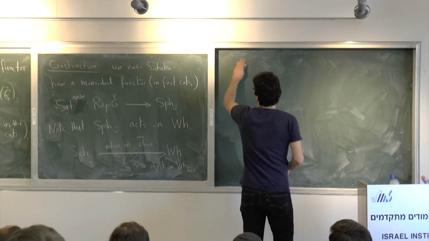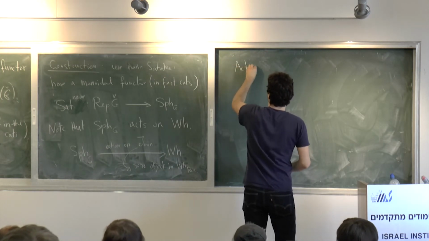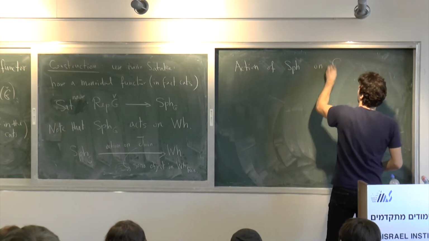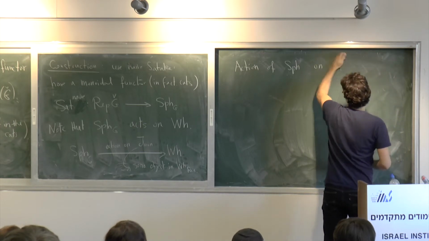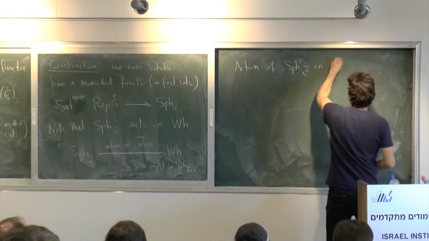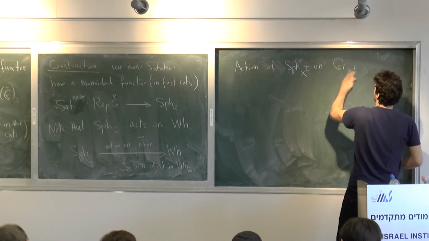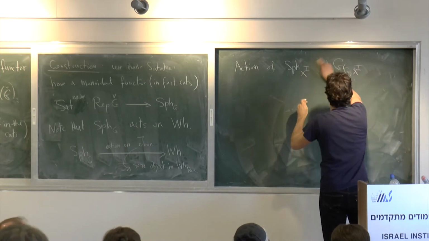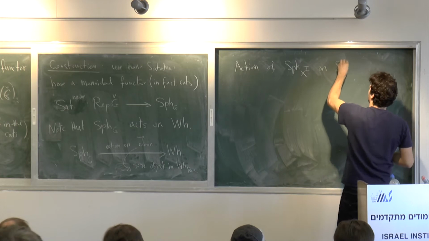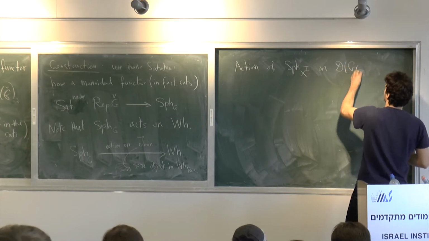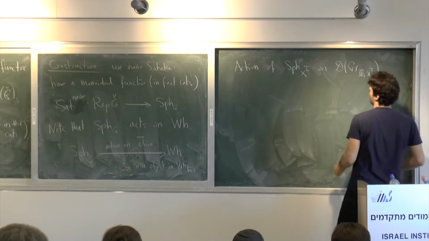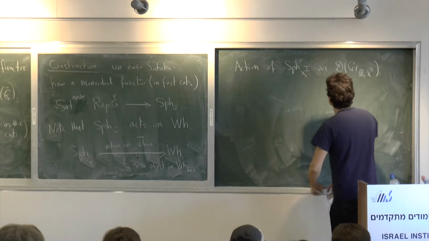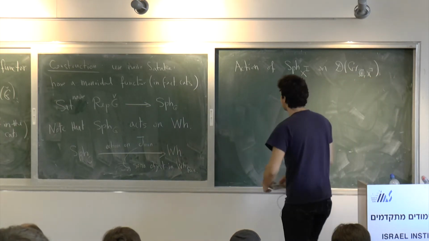So what's the action? Just as a reminder, I have an action of spherical on the Grassmannian, say for the power of the curve. This was explained by Dennis in his talk on the third day, where he drew some convolution diagram.